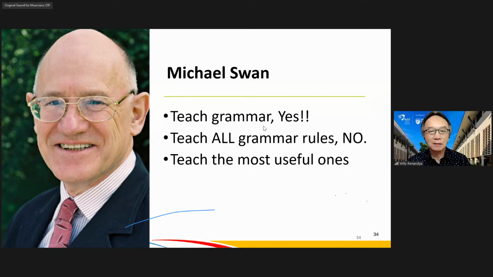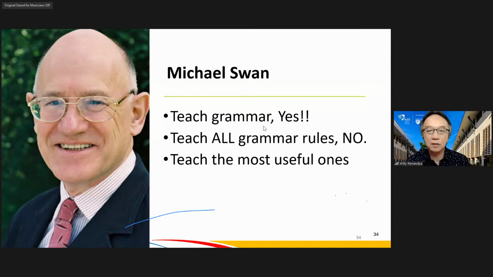Remember Pak Budi shared with you autonomous learning? The rest students can pick up, can learn on their own. Once they have had a sufficient level of proficiency, then they can pick up new grammatical rules on their own through reading, through listening, through interactions, through different ways of learning.